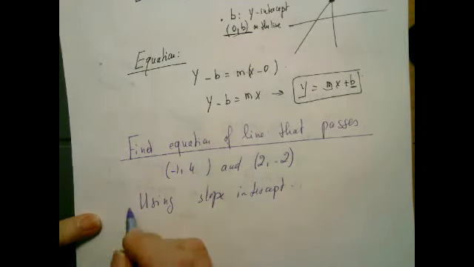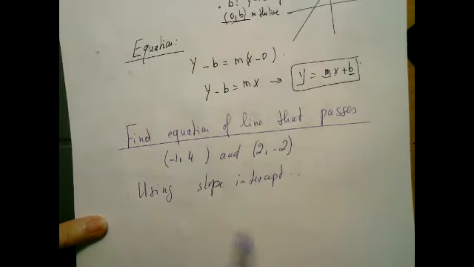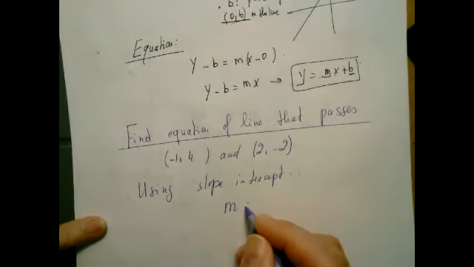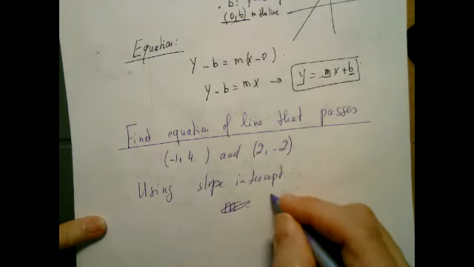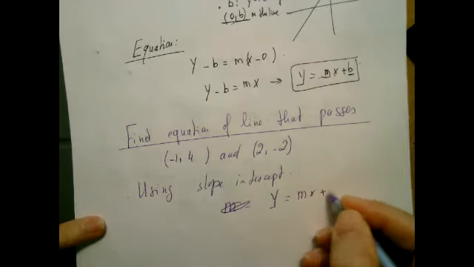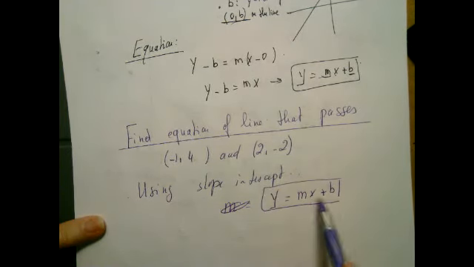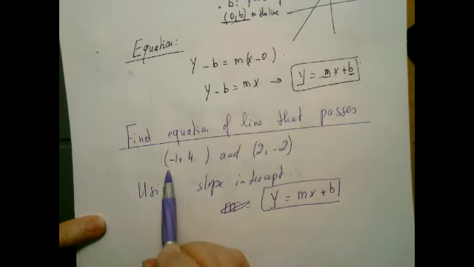So how do we use the slope intercept form? First we need to find the slope. The slope intercept form tells me that the relationship between x and y is y = slope times x plus b. Now, if I know two points, I know the slope, so m is easy to find.